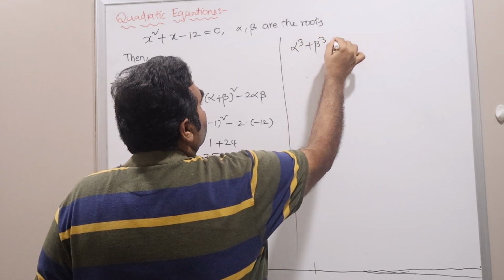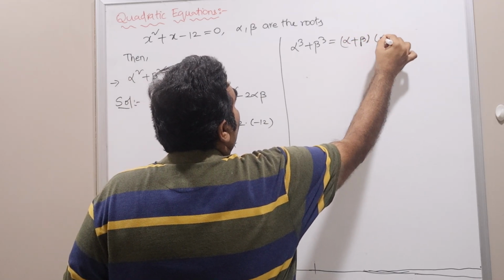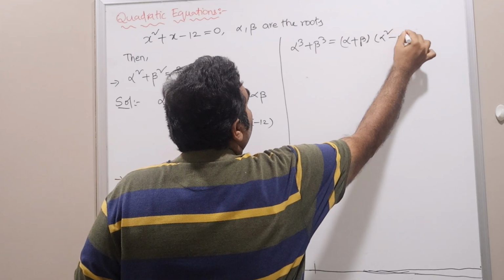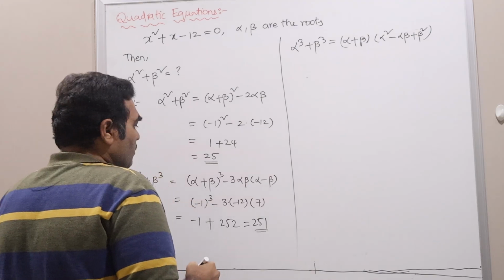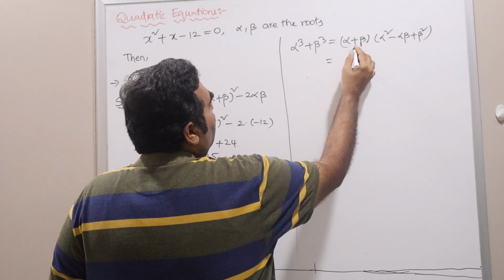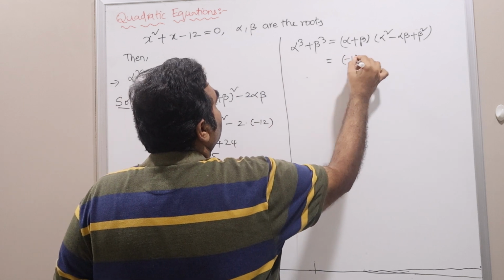A cube plus b cube is also given by a plus b into a square minus ab plus b square. So here alpha plus beta is known, which is minus 1.